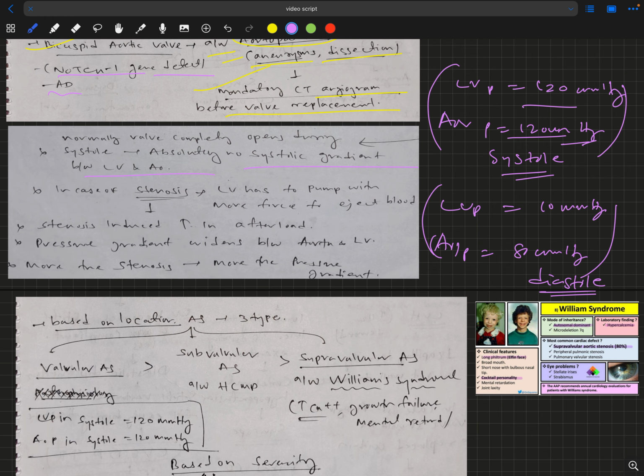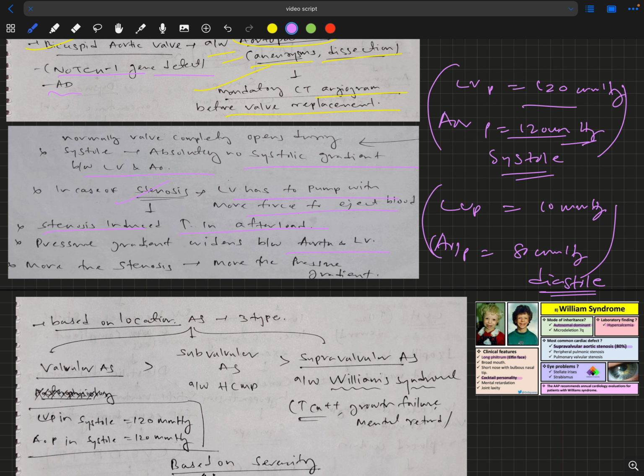But in case of aortic stenosis, if the valve is not opening completely during systole, the pressure inside the left ventricle will rise. The LV has to pump with more force to eject blood through this narrow opening, so stenosis leads to increase in afterload. The pressure gradient widens between aorta and left ventricle.